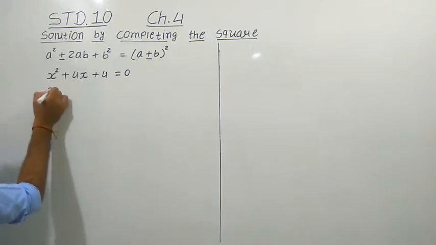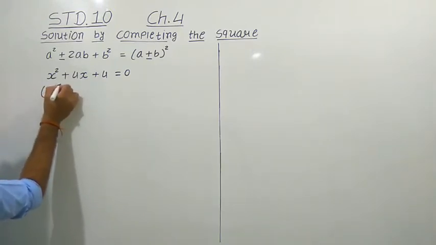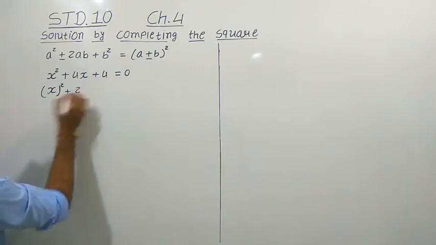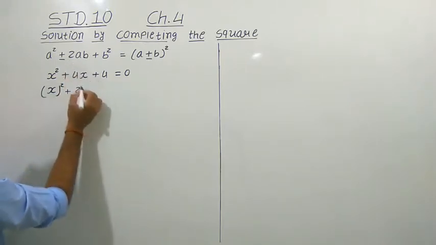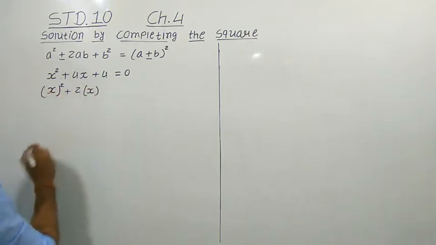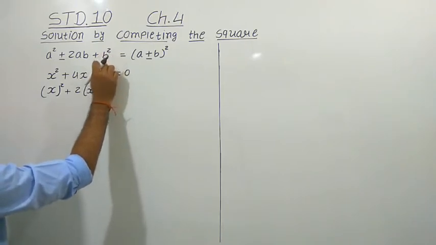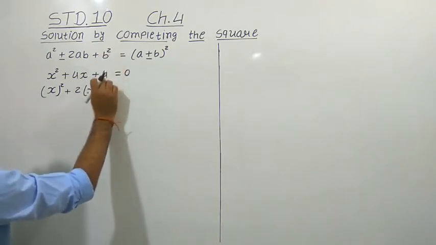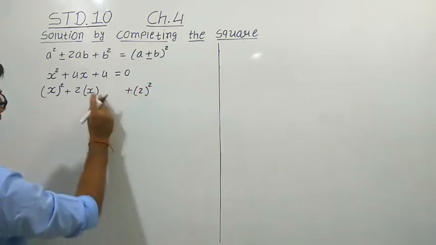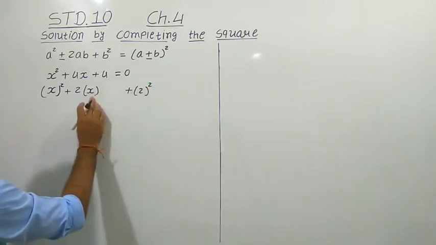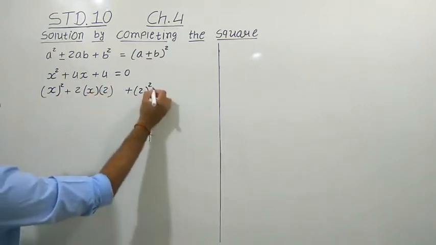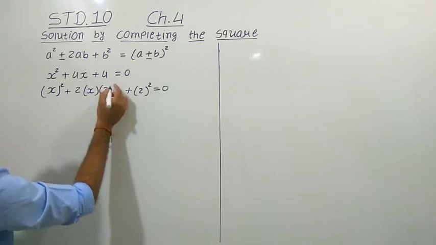Like we can write x square, the first term, plus 2, the first term is x, and the last term is b square. That must be the square of some number. So 4 is the square of 2, right? So the number remaining here is 2, that is equal to 0, right?